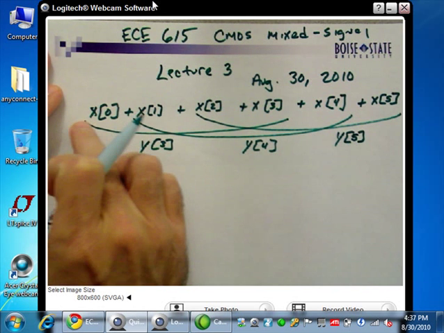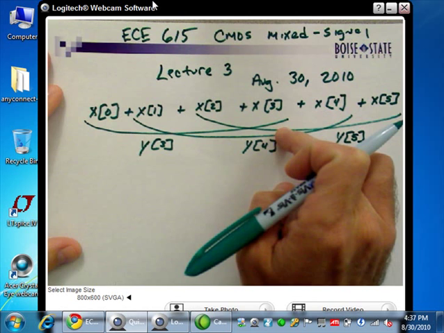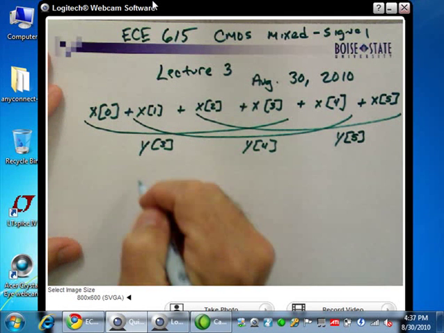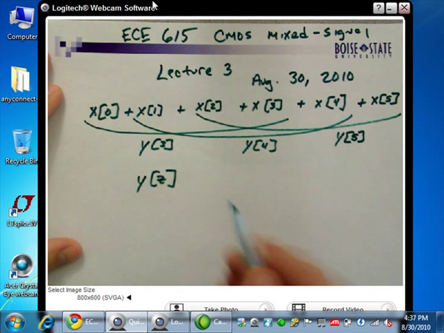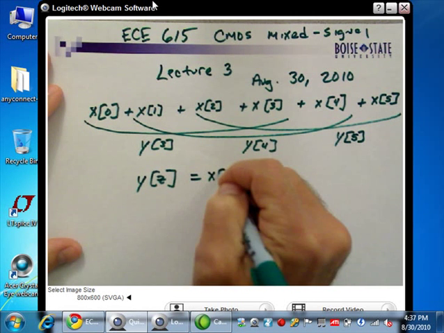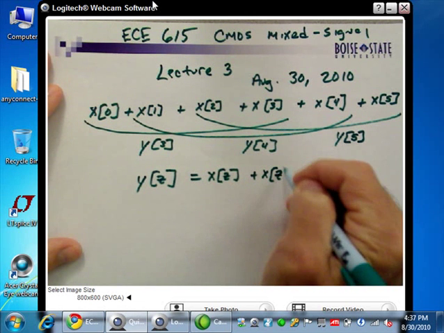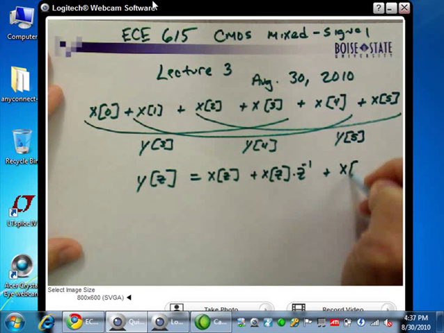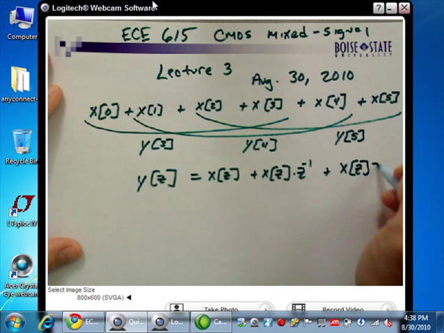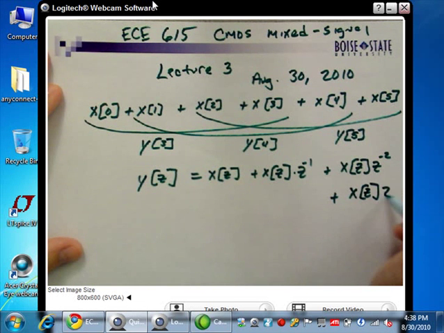So if I write the z transform of this equation, I can write it as Y of z, which is my output, is equal to X of z plus X of z times z to the minus 1 plus X of z times z to the minus 2 plus X of z times z to the minus 3.